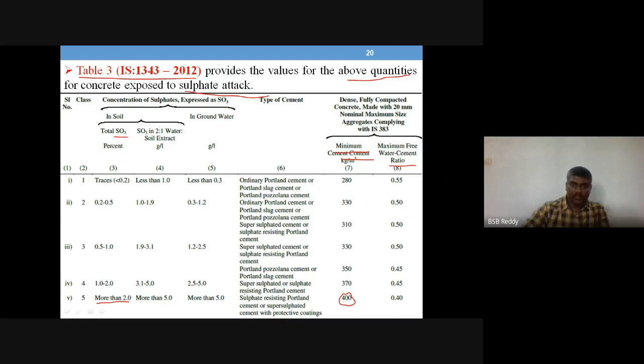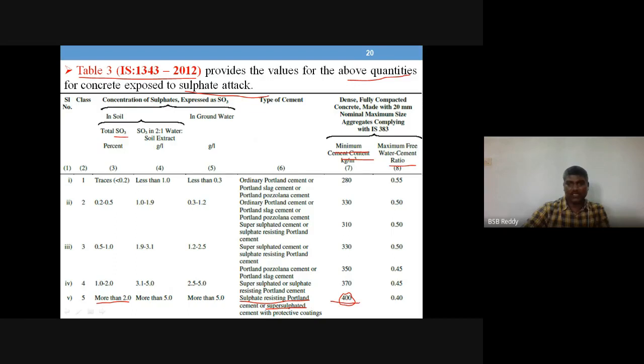Hence, even the type of cement that you shall use is also mentioned here. You have to use sulfate resisting cement, or super sulfated cement, which is also available, with protective coatings.